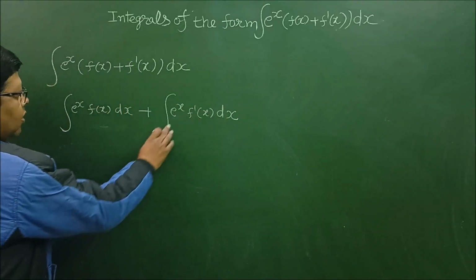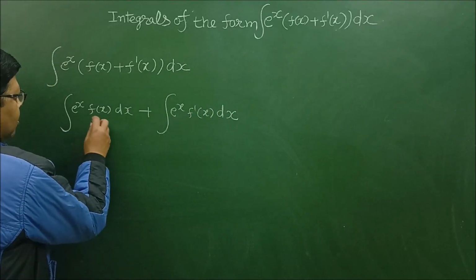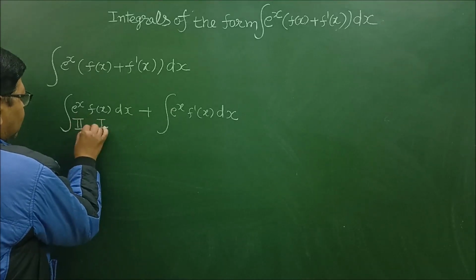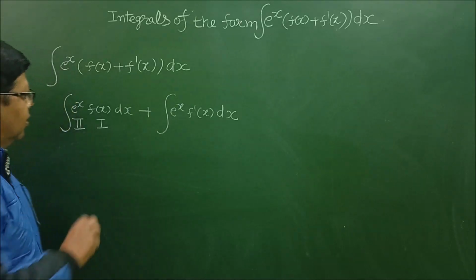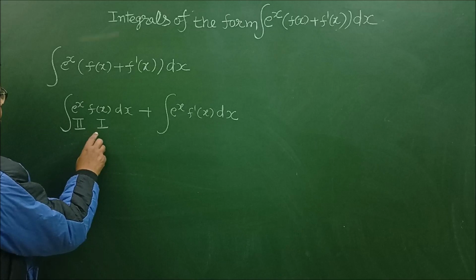Now keep the second integral intact, and in the first integral let f(x) be the first function and e raised to the power x be the second function. Now let us solve this using the product rule of integration.